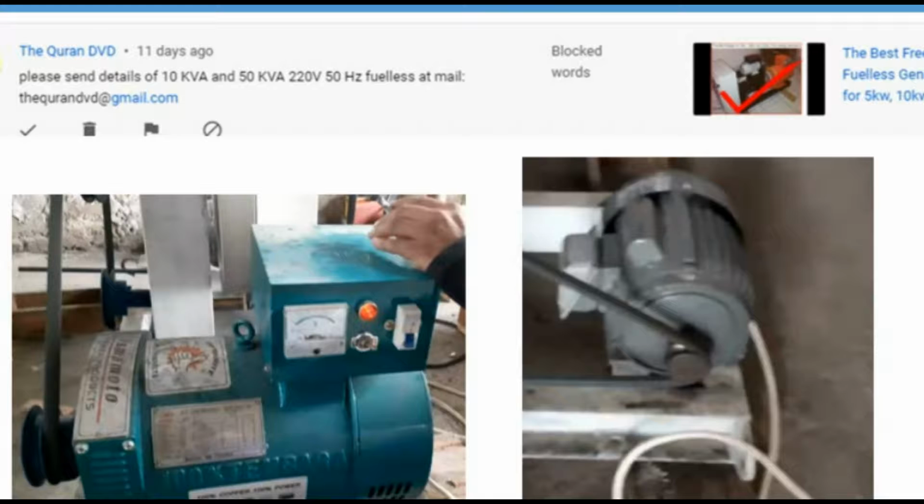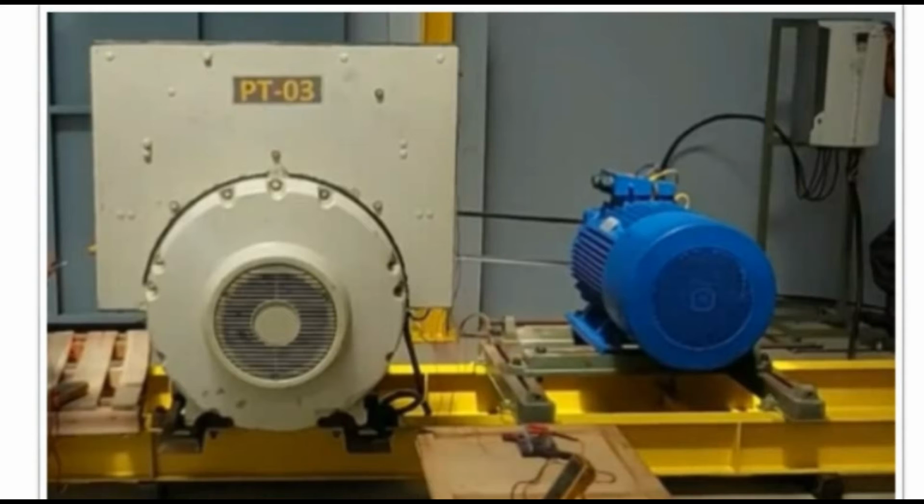I've discussed RPM in many past videos: it is rotations per minute, the rate at which the generator can run to give you the required production capacity. The RPM of this generator is just 450, but the production capacity is 500 kVA. That is, 1000 watts make 1 kVA.